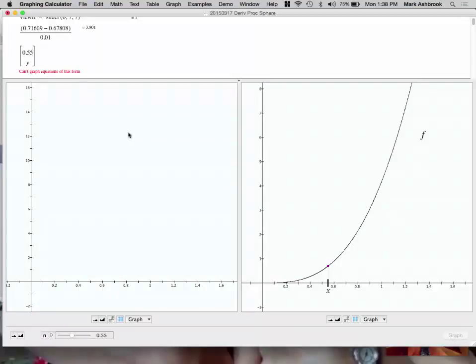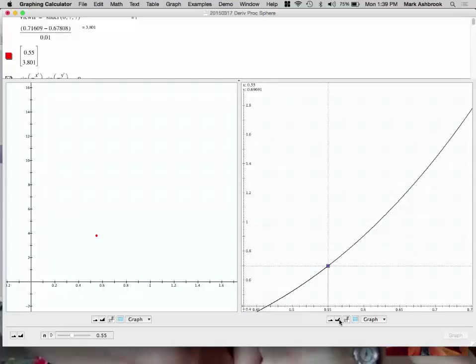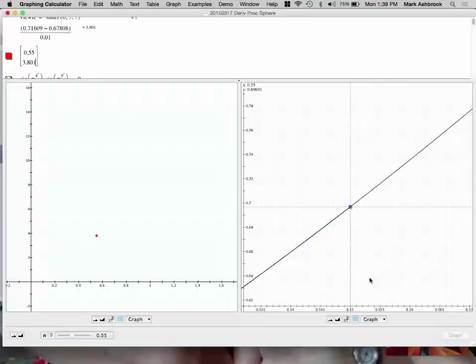And what was it again? 3.801? Okay, we got a point. Are we thinking of this y value as an exact rate of change or an approximate one?